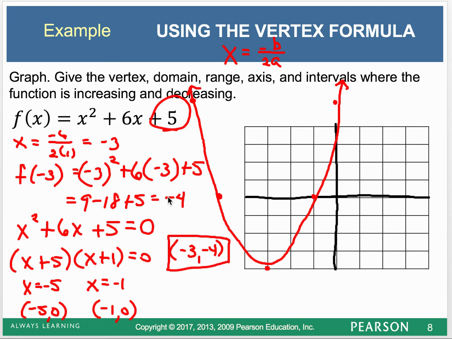The domain, I know the domain is -infinity to infinity without even looking, because it's a quadratic. And the range, because it opens up, so the range is talking about y, so it's -4 to infinity. The axis of symmetry is x equals the x-coordinate of the vertex, -3.